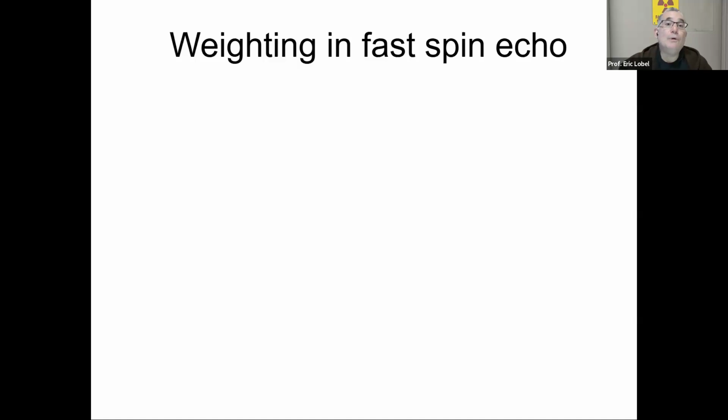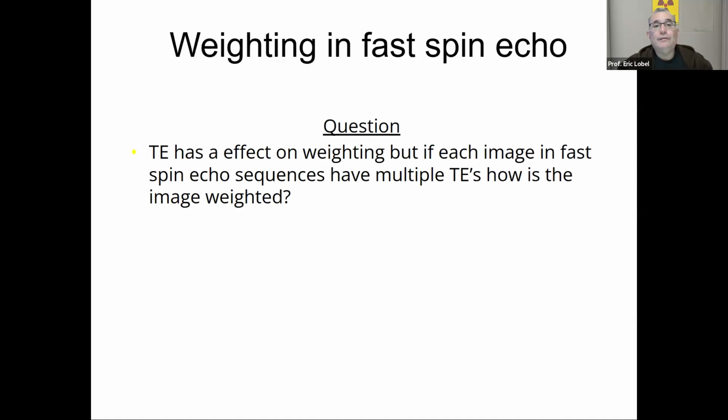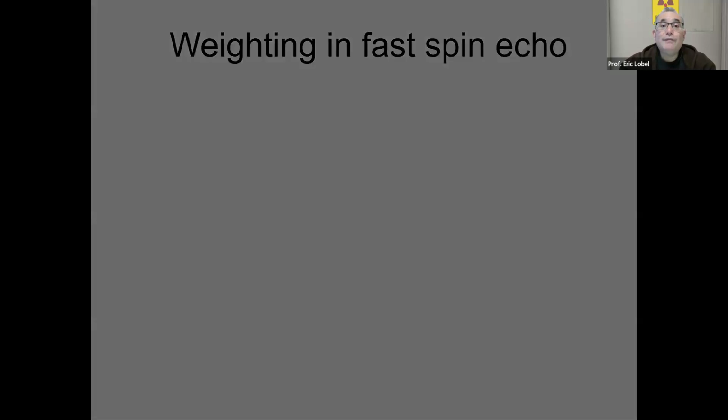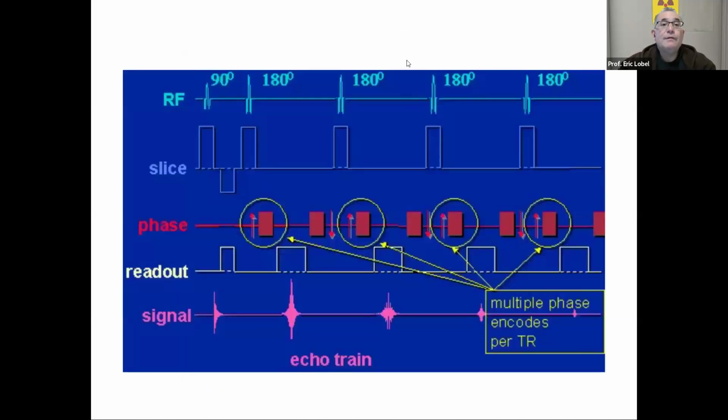Okay, now here's an interesting question. So we know the TE has an effect on weighting, but when we do a fast spin echo sequence, there's actually multiple TEs, right? Because if we look at the definition, from the 90 to the center of the echo, that's one TE.